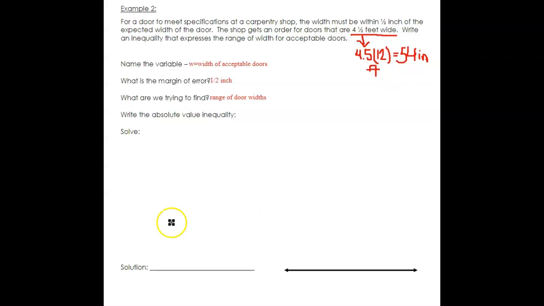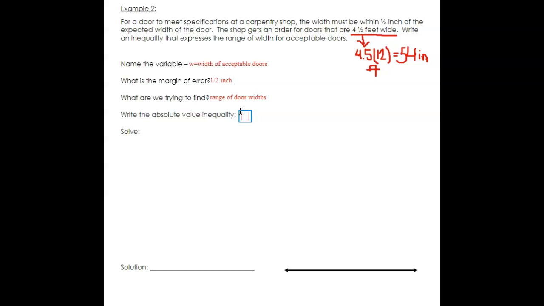So that's going to be important because we need that number in the absolute value inequality, but we didn't have it before. We had a number of feet, not a number of inches. So if I'm going to write the absolute value inequality, I'm going to start out with my absolute value symbols, so shift and then the button above enter.